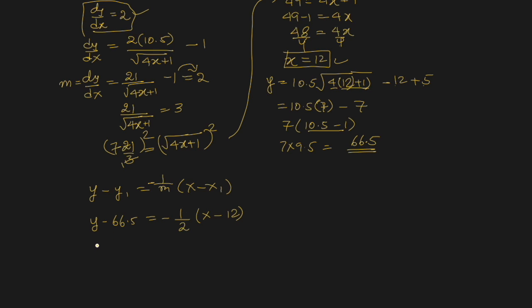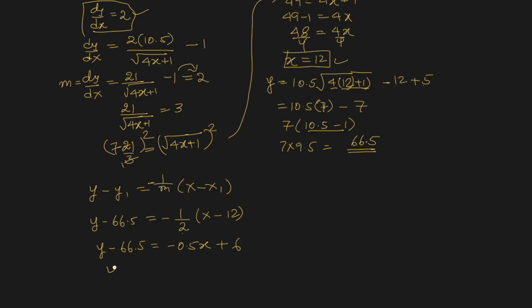This decimal will create trouble. Have they given any format? No, so we can give any format we want. Let's write it as 0.5. So negative 0.5x, and then here plus 12 divided by 2 is 6.